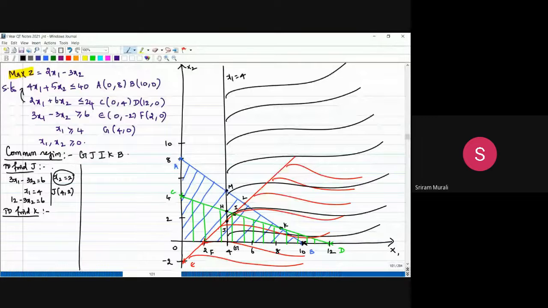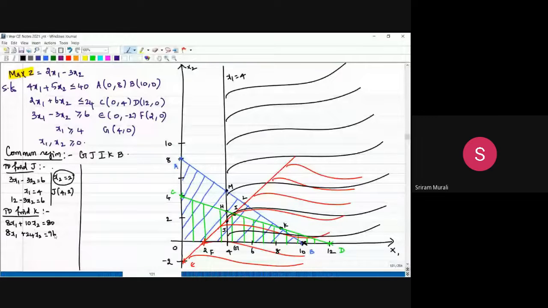I eliminate x1. I multiply 2 with the first equation. It is 8x1 plus 10x2 is equal to 80. I multiply 4 with the second equation. Now what do you get here? It is 8x1 plus 24x2 is equal to 96.